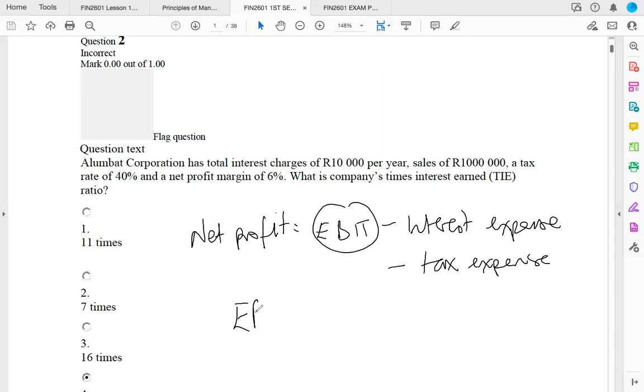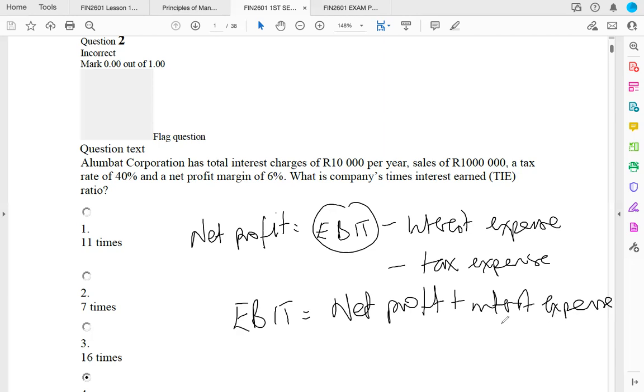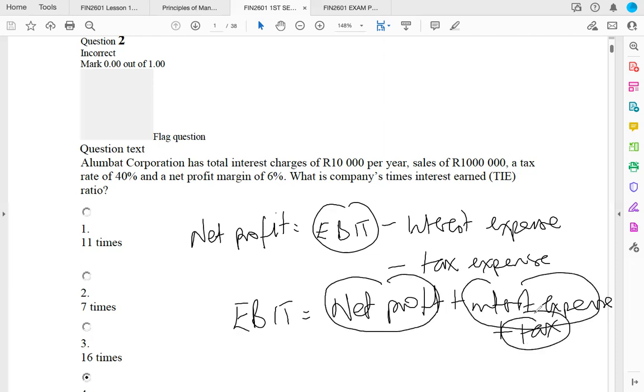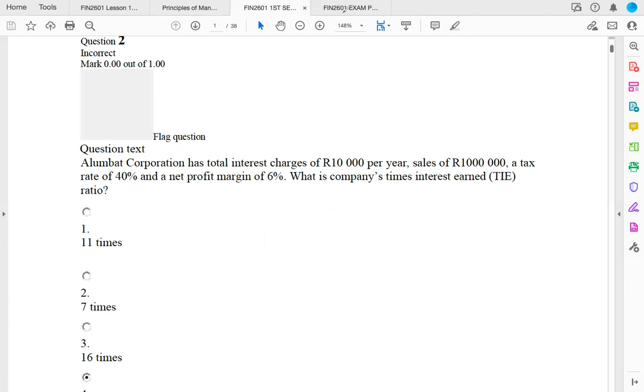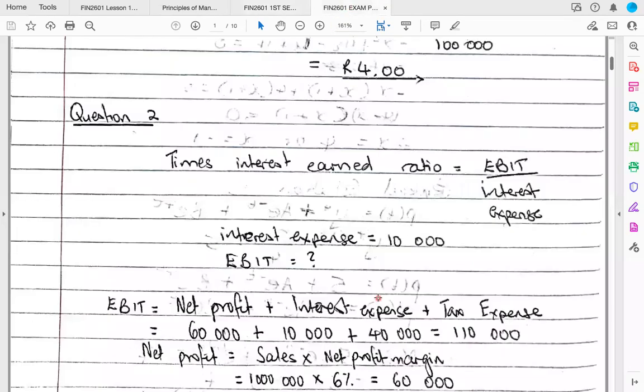We can simply calculate our EBIT by taking our net profit, adding back the interest expense, and also adding back the tax. Then we'll have our EBIT, and we can divide that by our interest expense. So the calculation is as follows.